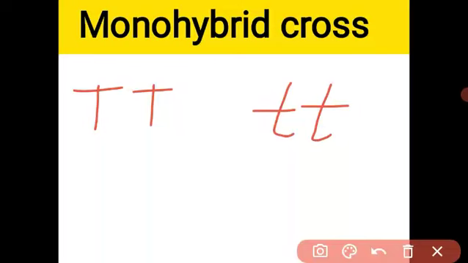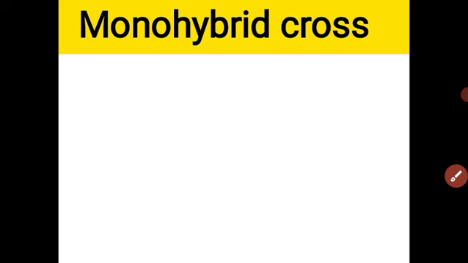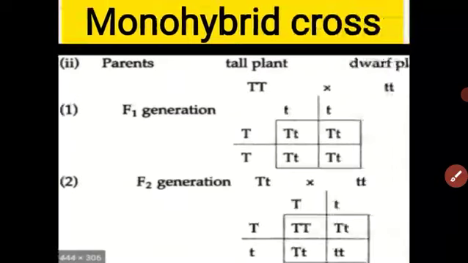Got it? So first, in the monohybrid cross, Mendel crossed one contrasting character. Let us see the height. Height is the character and each character has two alleles.